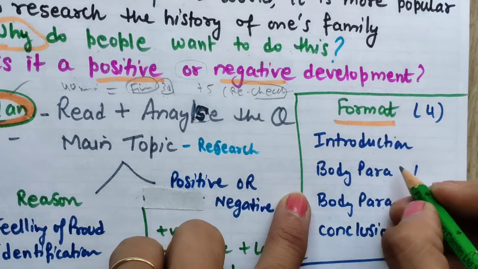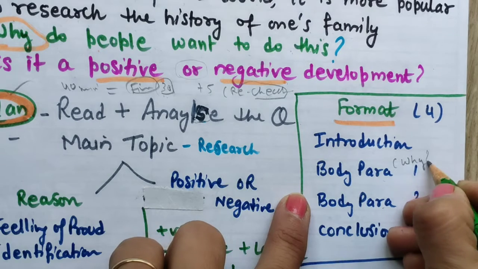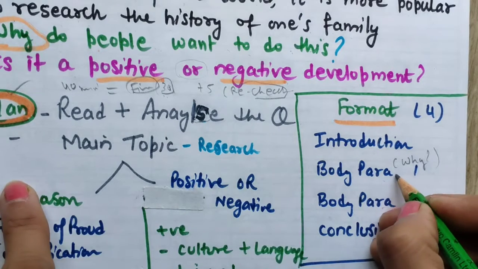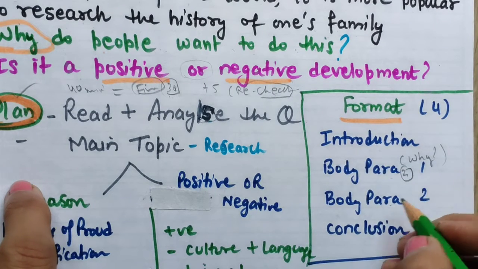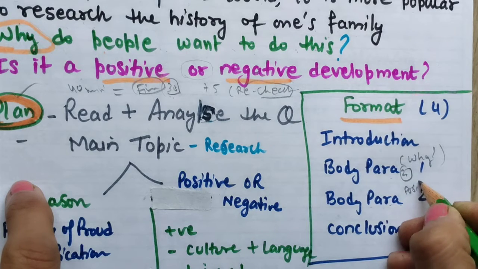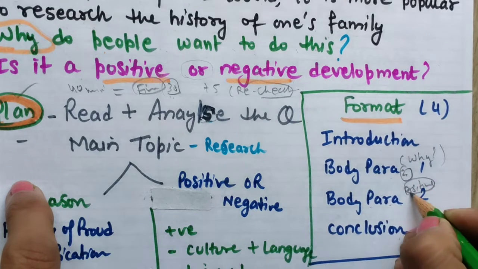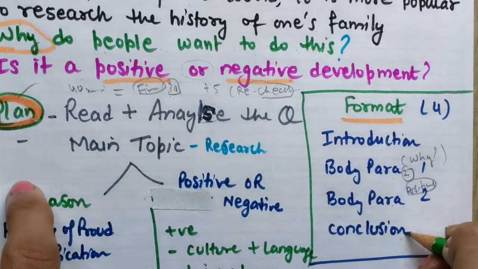In body paragraph 1, you will be writing about why, meaning reasons. You will be telling at least 2 reasons, or if you have 3, then go ahead. In body paragraph 2, you will be writing about positive or negative development. You have to explain why it is positive or negative, and then the conclusion.